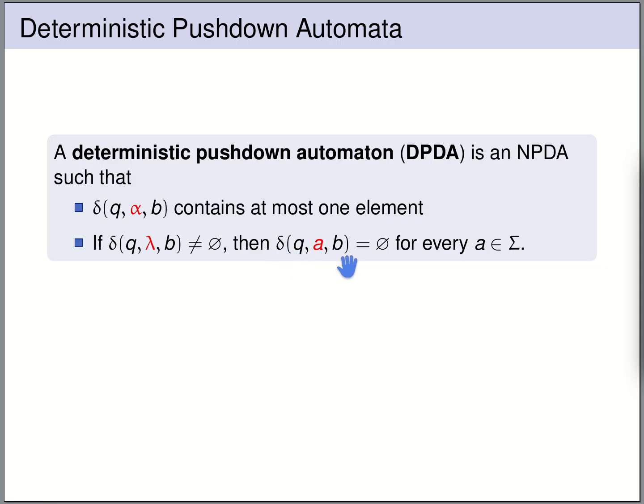Either we take this transition reading the letter a, or we take this transition ignoring the input, taking a lambda transition. So also this gives us a non-deterministic choice. And this is also forbidden. If both conditions hold, then the automaton is called deterministic.